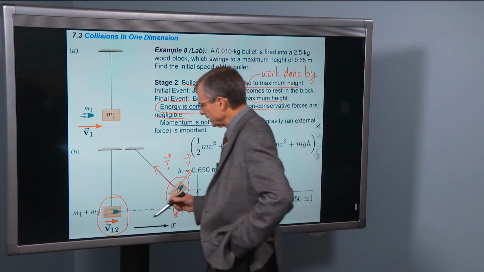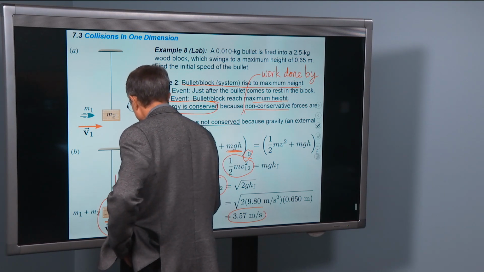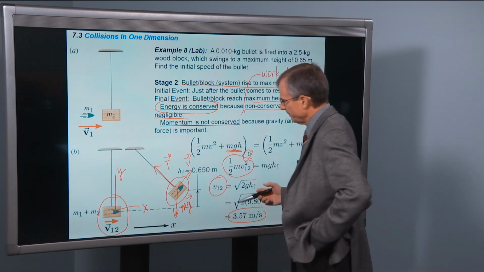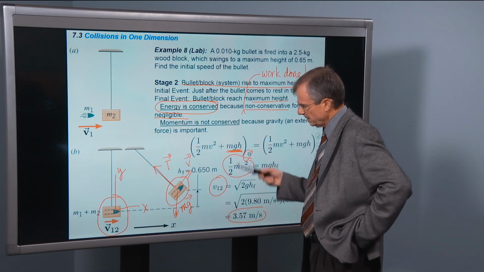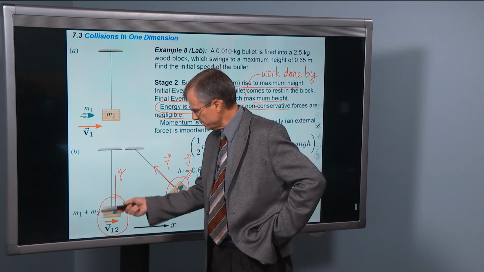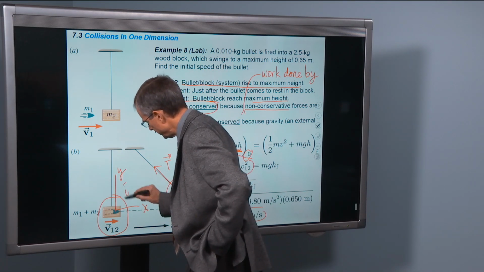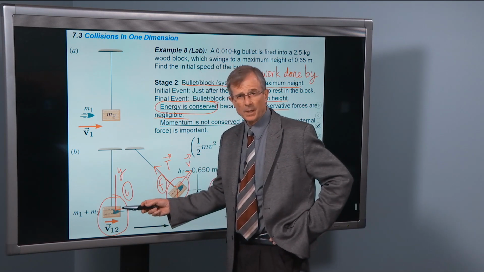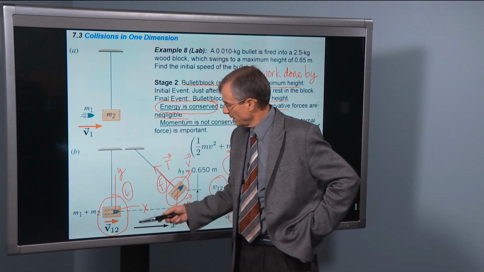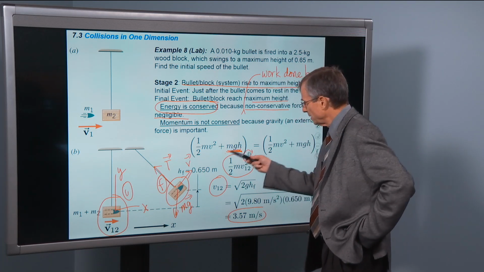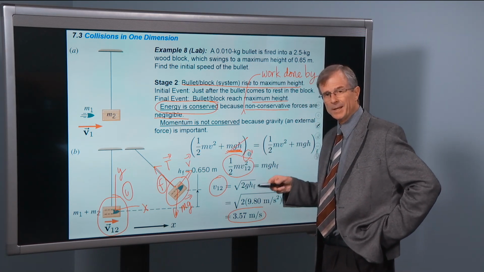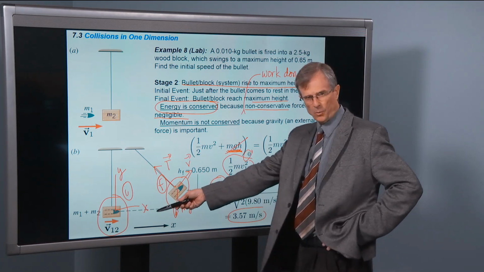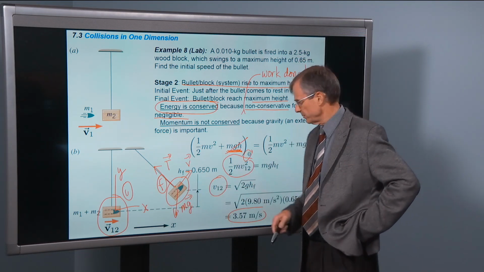If we select this to be our coordinate system, x, y, then this is my initial event, here's my final event up here, and initially the height is 0. And so mgh will be 0. I've just simplified my life by selecting a coordinate system so that the initial height was 0.